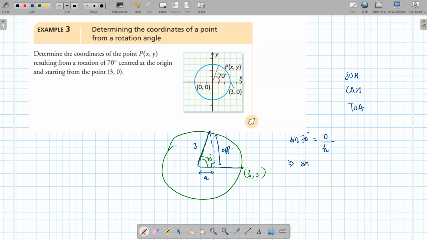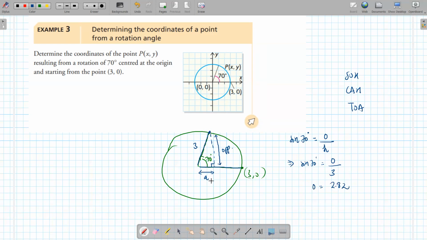We don't know the opposite, but we do know the hypotenuse is 3. So right now we're in degrees. So sine of 70 in degrees times 3. So that distance, the opposite, is 2.82.